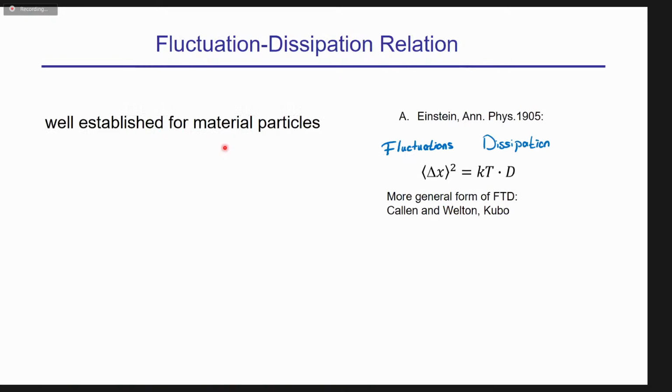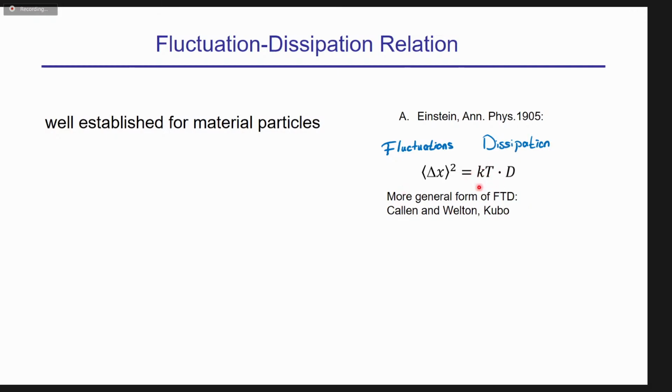Okay, in my final few minutes, I will briefly talk about an experiment on the fluctuation-dissipation relation for such photon condensates. The fluctuation-dissipation relation is something very well established for material particles, starting with the work of Einstein, who related fluctuations and dissipation for Brownian particles.